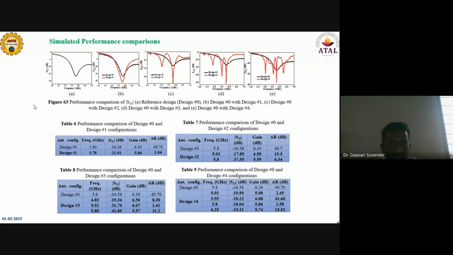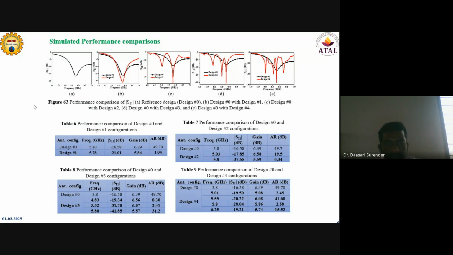Antenna 1, given in figure 63b, is operating at the same frequency, but it offers circular polarization characteristics by incorporating a spiral facet structure on one face of the dielectric resonator antenna.